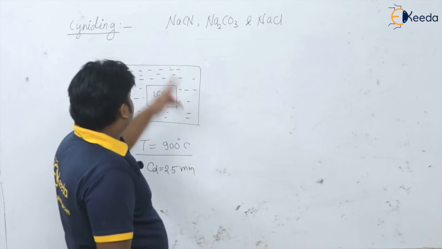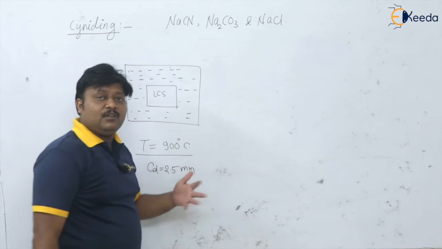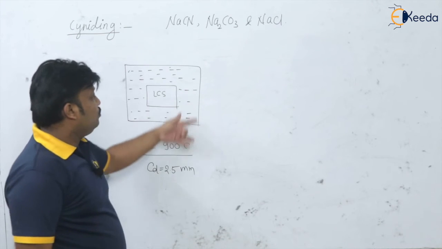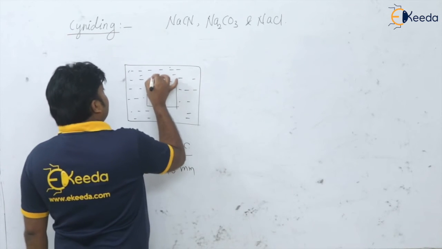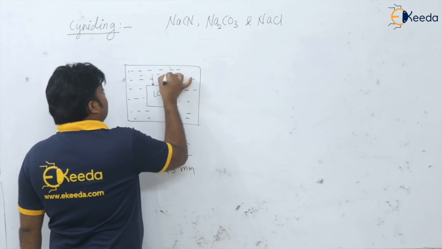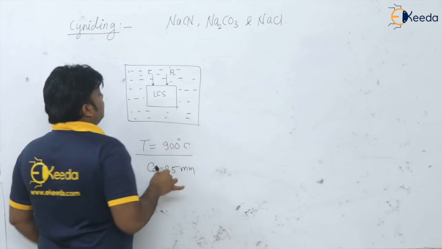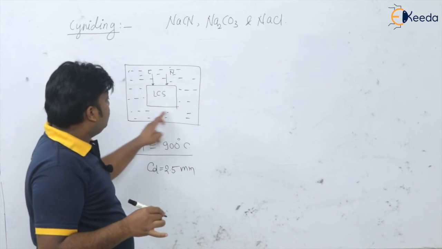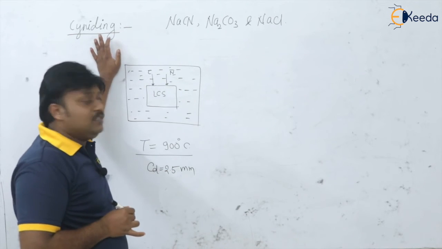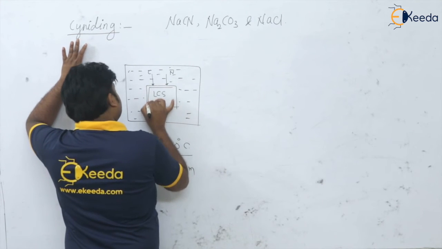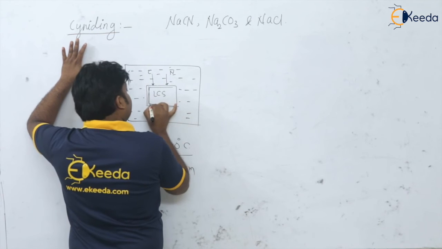Now see here, when the temperature reaches around 900 degrees centigrade, in this cyaniding solution we have nitrogen and carbon. The carbon and nitrogen atoms are going to penetrate onto the surface of this low carbon steel specimen, and we are getting this case depth CD.